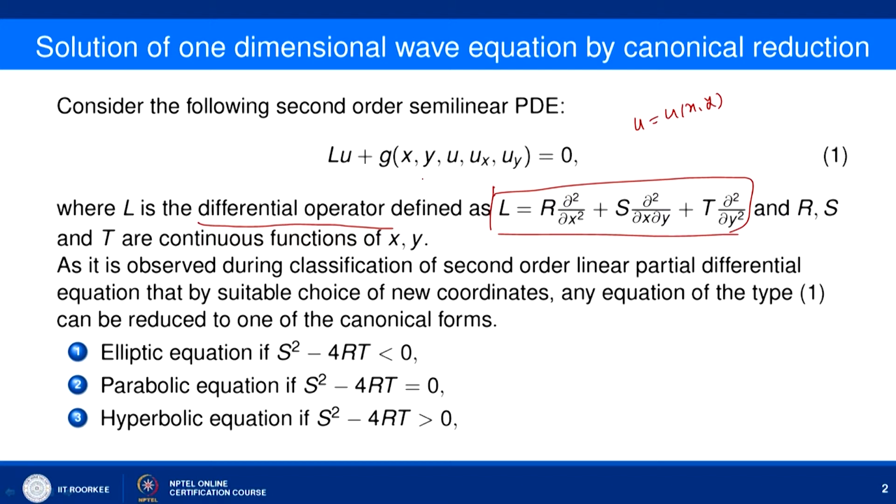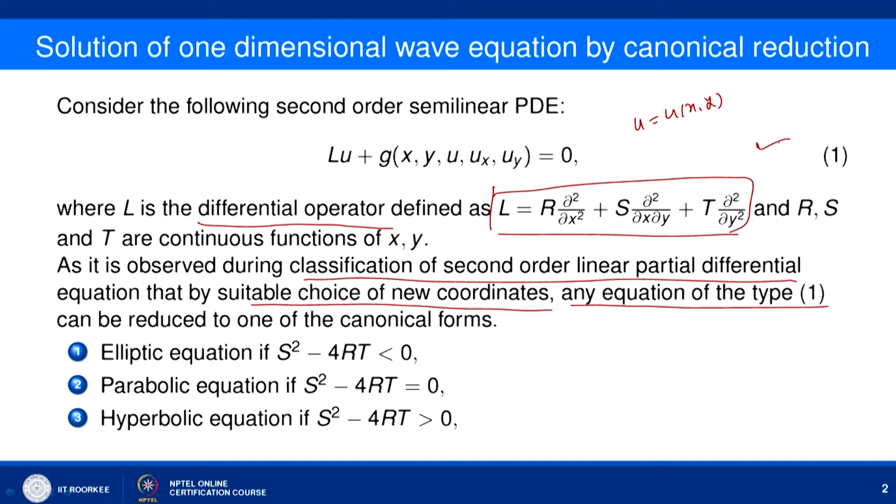Now, we have already observed during classification of second order linear partial differential equations that by a suitable choice of new coordinates, which we call characteristics, any equation of type 1 can be reduced to one of the standard canonical forms.